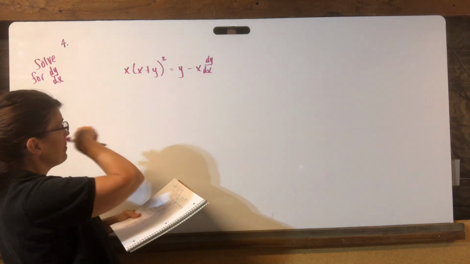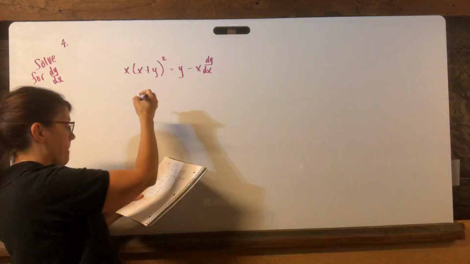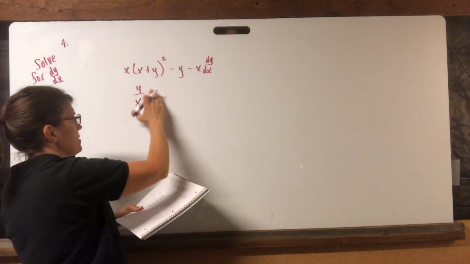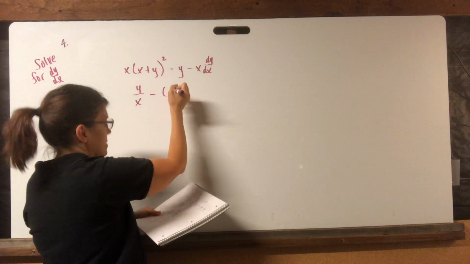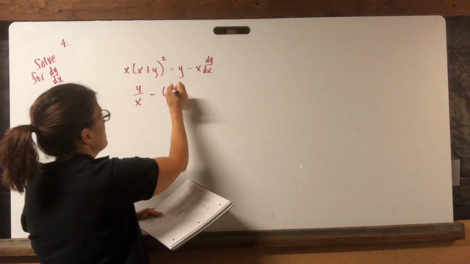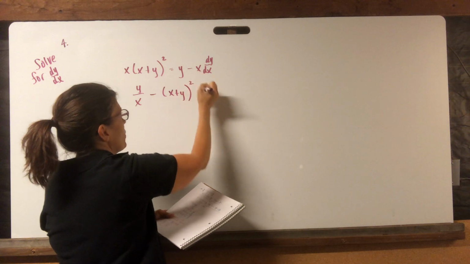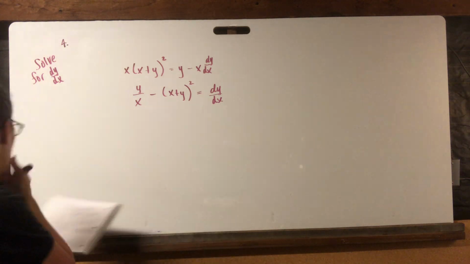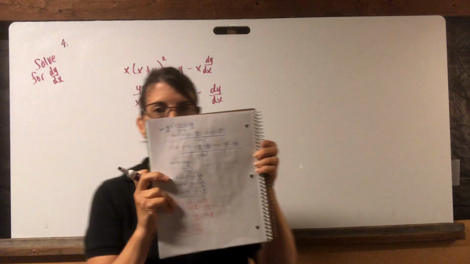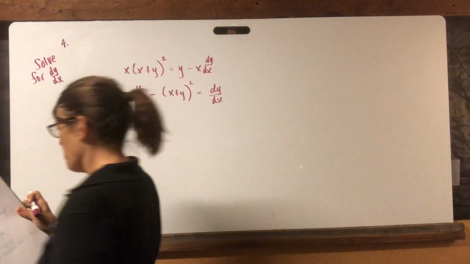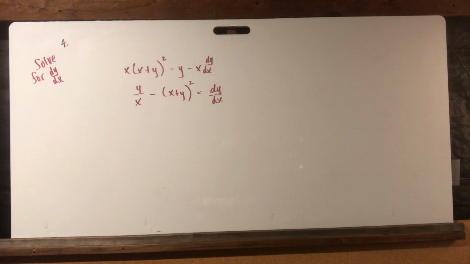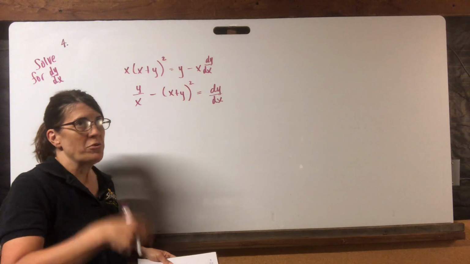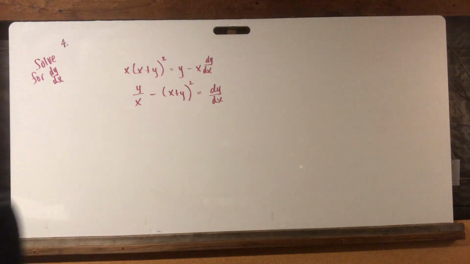Then you end up with y over x minus, (x plus y) squared equals. It's all in the PDF, all worked out for you. So if you have questions, just let me know. But what we really need to practice is differentiating y with respect to x when there's no x there. So let's look at some more of those.